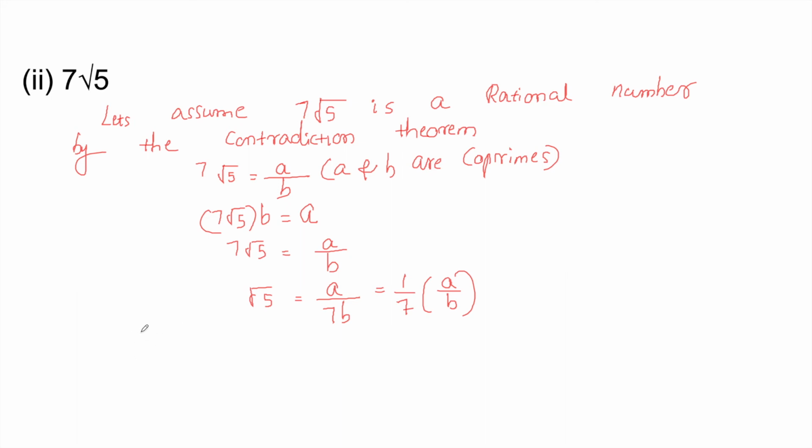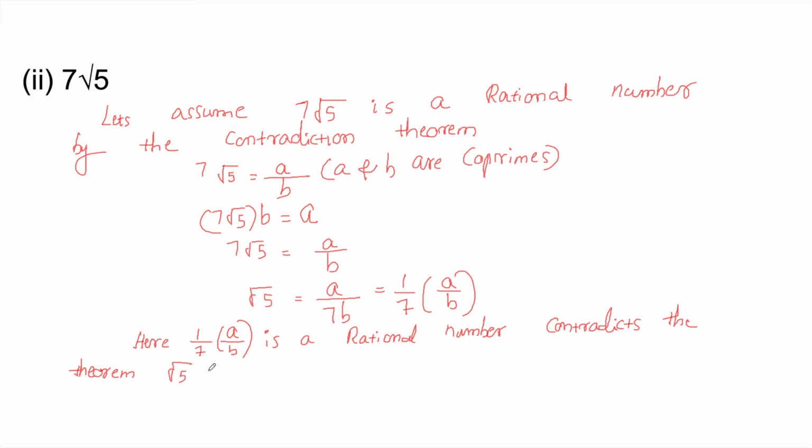Okay. Here 1 by 7 a by b is a rational number, which contradicts the theorem root 5 is irrational.